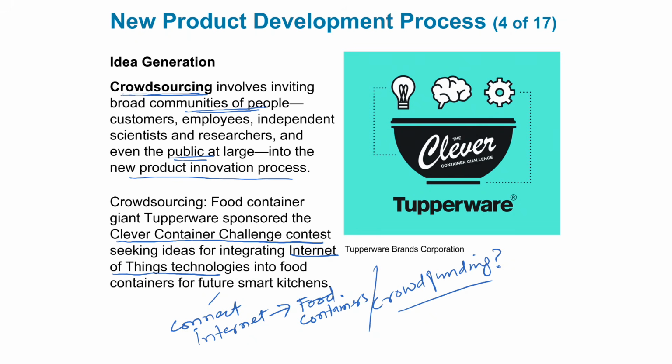All these are called the IoT. Okay, read about IoT or watch my lecture on IoT, the Internet of Things. Your things are connected with the internet. So this is an example of how the Tupperware company had a campaign, the Clever Container Challenge.